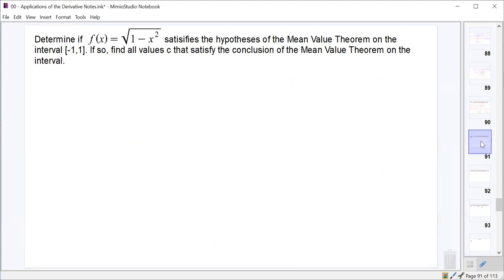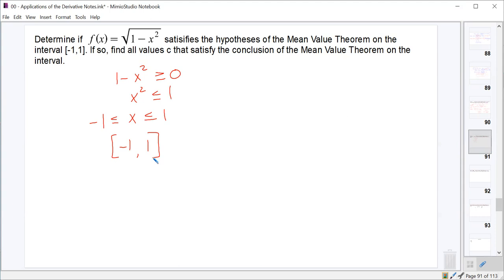So our domain here is going to tell us that 1 minus x squared has to be greater than or equal to 0, because you can't square root a negative. Or x squared is less than or equal to 1. If x squared is less than or equal to 1, that gives us x is less than or equal to 1, greater than or equal to -1, or it gives us the entire interval that we were talking about here, -1 to 1. And our domain is -1 to 1.